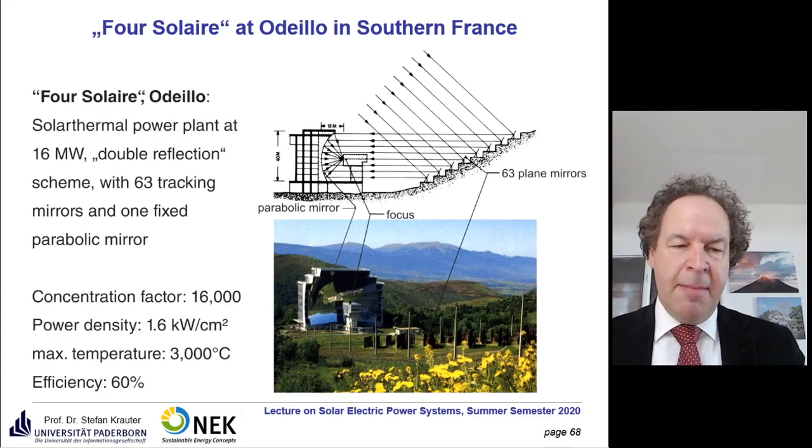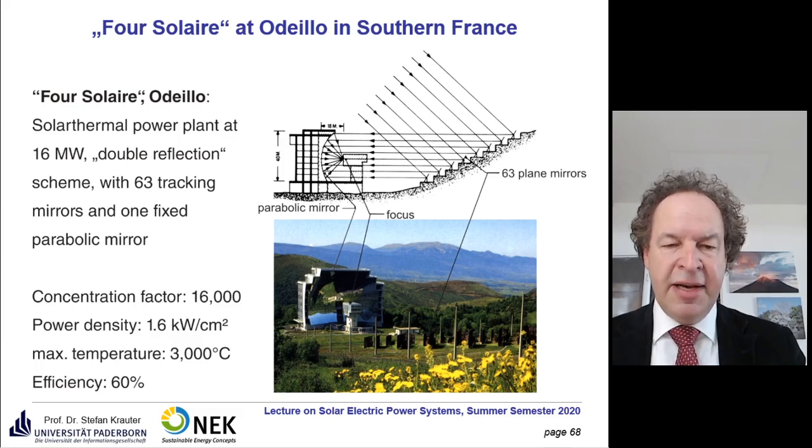Here you see an example, interestingly from the 50s and 60s in southern France. Before France started to invest a lot in nuclear energy, they were very well advanced in solar energy. If you get the opportunity to go there, it's on the border to Spain, in the Pyrenees. It's called Four Solaire in Odeillo. This is a quite high building, about 40 meters.